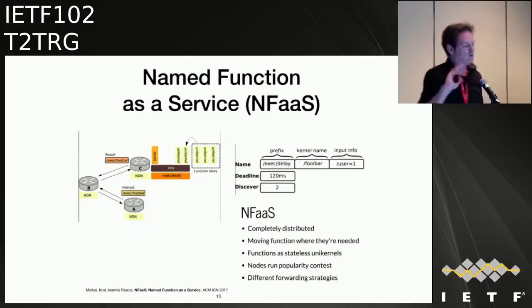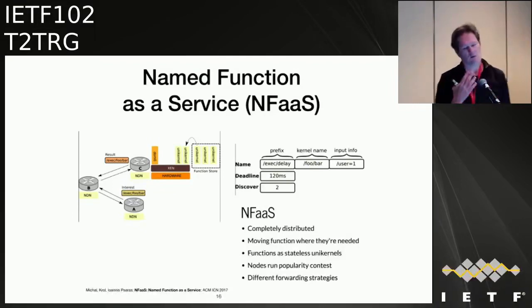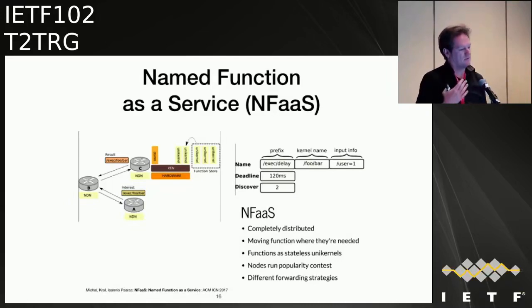Just to give you two examples of what people have been doing so far. This is an example from the ICN research community. Colleagues of mine at UCL built an approach that they call name function as a service.